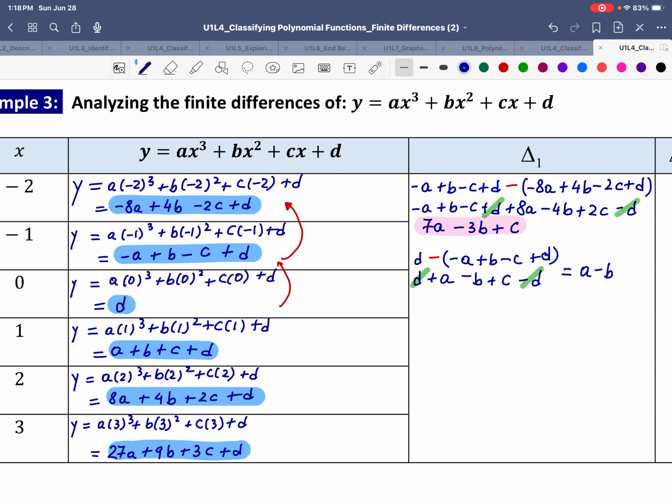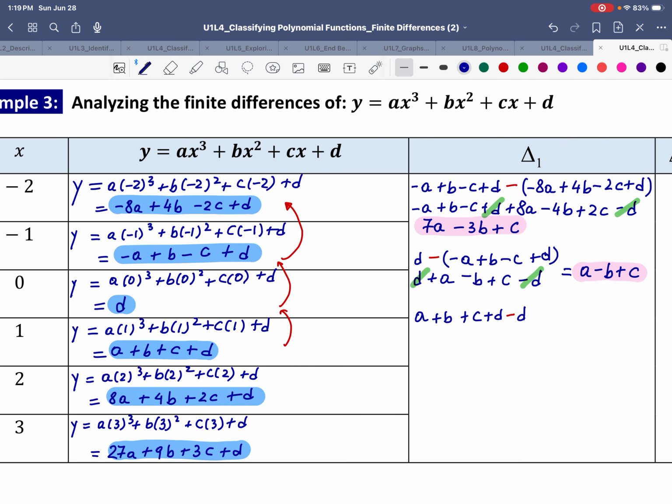So I'm going to write it down here just to have a little bit more space. It's all about space here. Now we're going to continue with the next set of differences. So this time we are subtracting a plus b plus c plus d minus d. So this is going to be another straightforward simplification, a plus b plus c plus d, and we are subtracting only one term, no need for brackets.